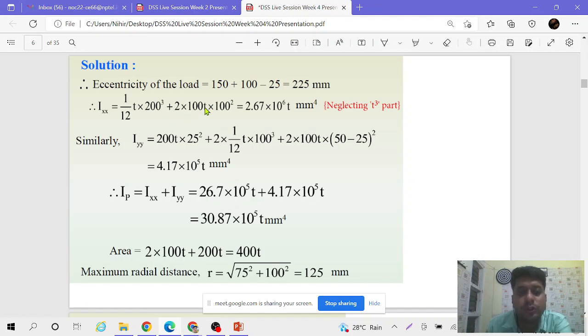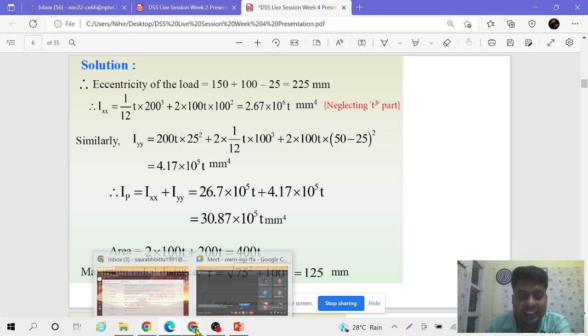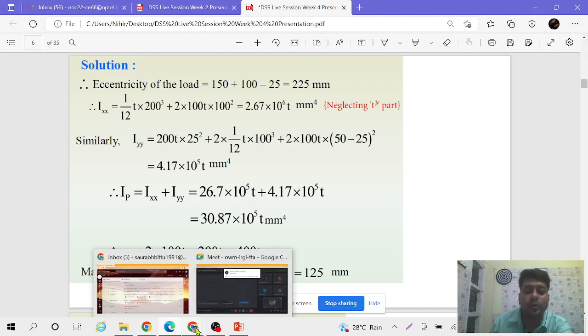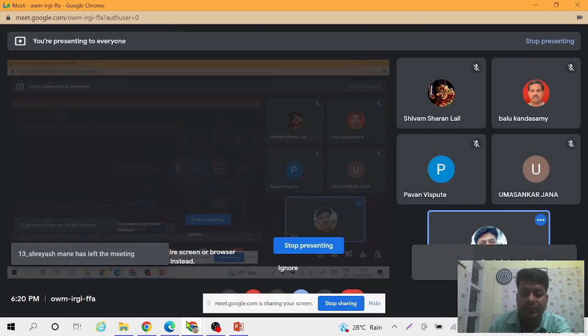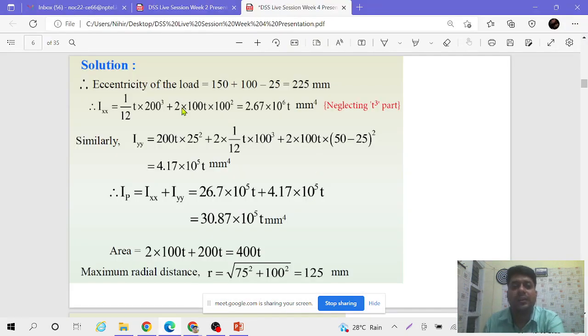After that, you have to write the equation for both upper and lower rectangles, and again you have to write plus AH square. When you expand that equation, in the AH square term you will get a t cube part, which we have to neglect.